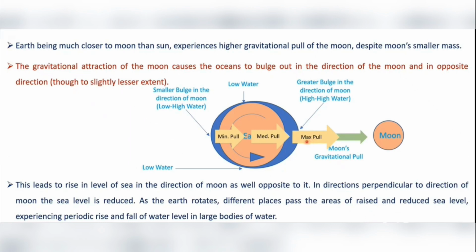So it is the different magnitudes of the gravitational pull on the water body towards the moon and water body on the far side, and the solid mass of the earth, which is the cause for high water on the side of the moon as well as on the opposite or the far side.